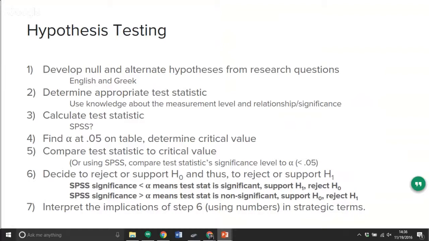So certainly there is a benefit to looking and focusing more on the alternate hypothesis.